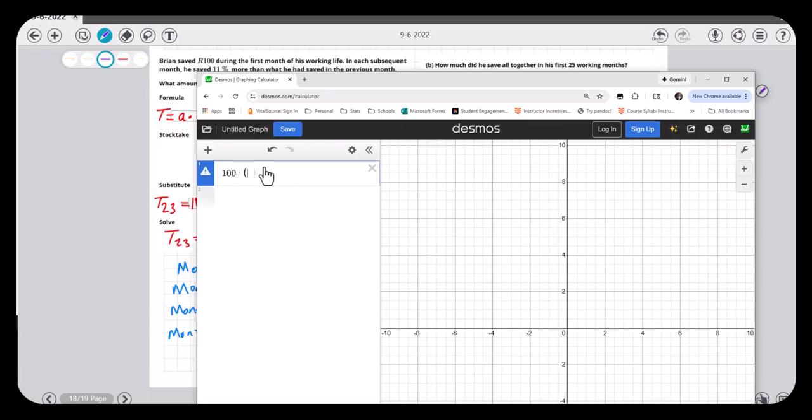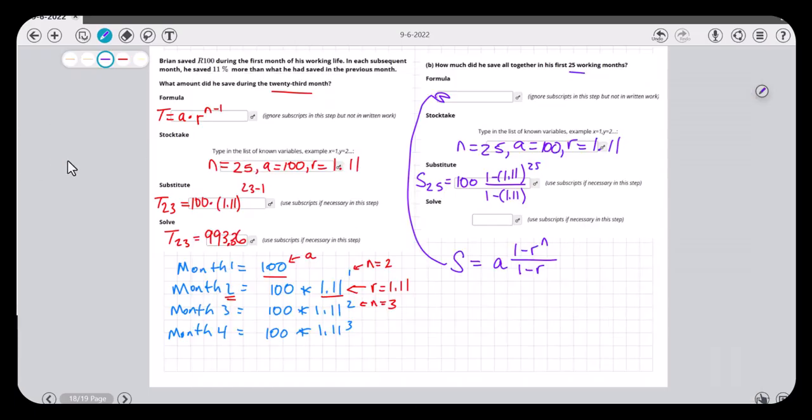So it's 100, and now the top, 1 minus 1.11 raised to the 25th power, and then divided by the bottom, 1 minus 1.11, and I get 11,441. So that's for this one. S of 25 equals 11,441.33.